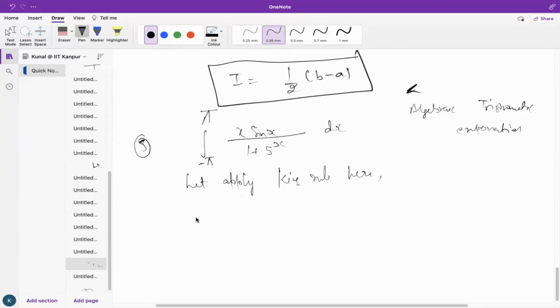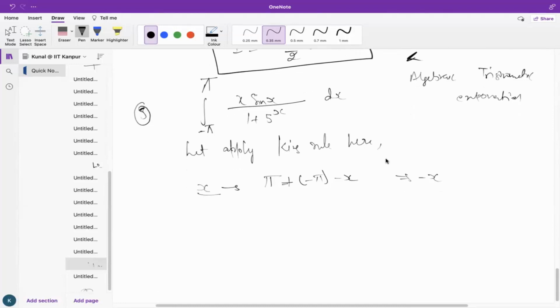When we apply King's rule, I have to just replace x by upper limit plus lower limit minus x, that is, a plus b minus x. Here that means we replace x by minus x. So this is our I.